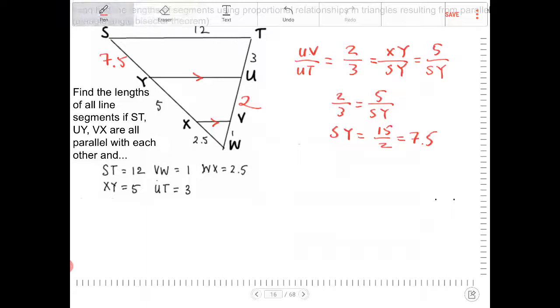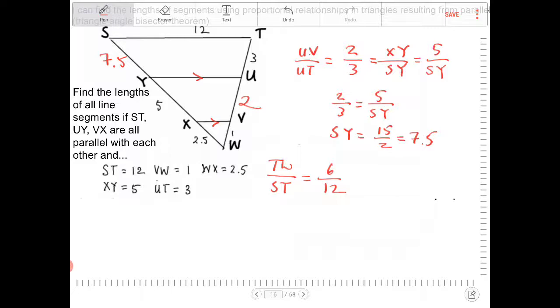So what I'm going to do is set this up and say, since I know the overall length ST is 12, and I know that the overall length TW is 6, I know that TW over ST is equal to 6/12. That means all the other triangles must share this proportion.